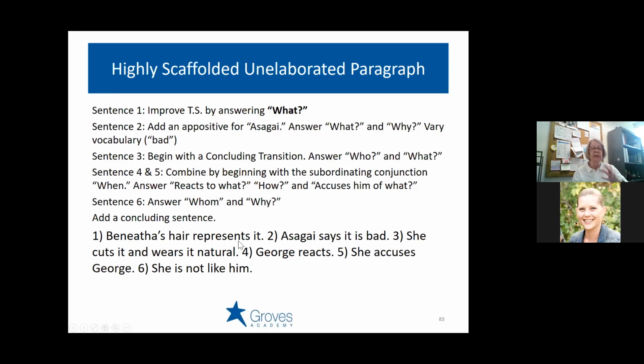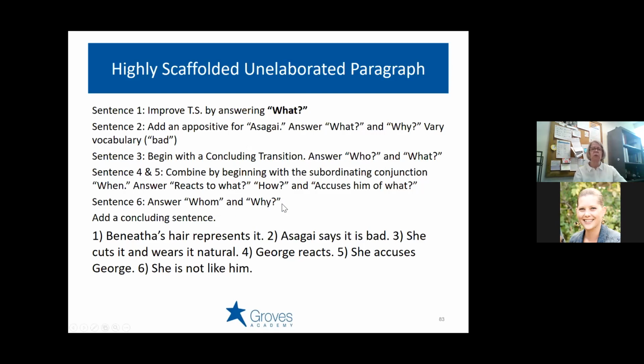Add in a positive, and vary the vocabulary, then answer what and why. Sentence 3, begin with a concluding transition. Sentences 4 and 5, combine by beginning and so on.